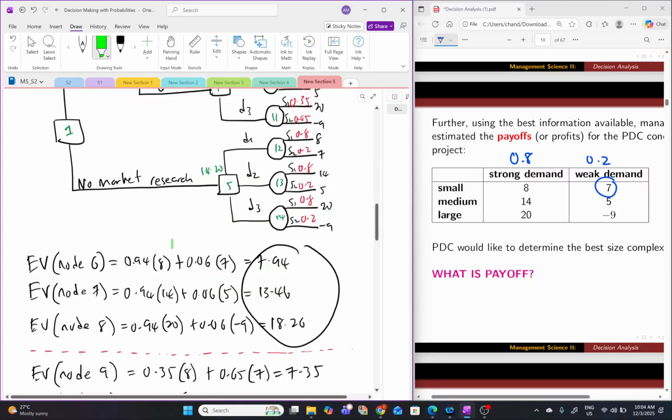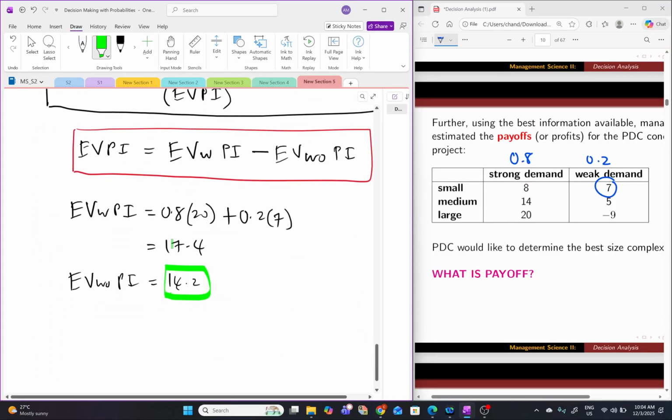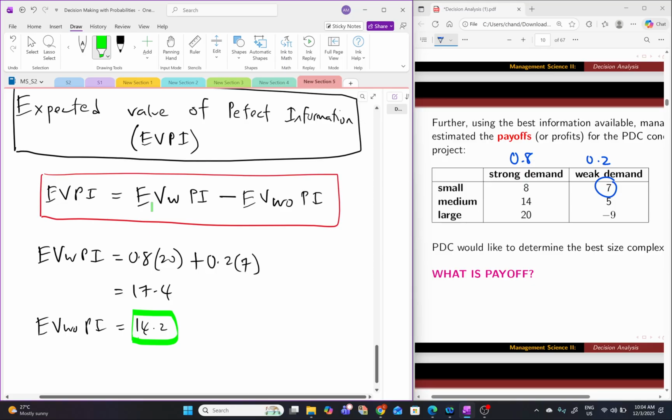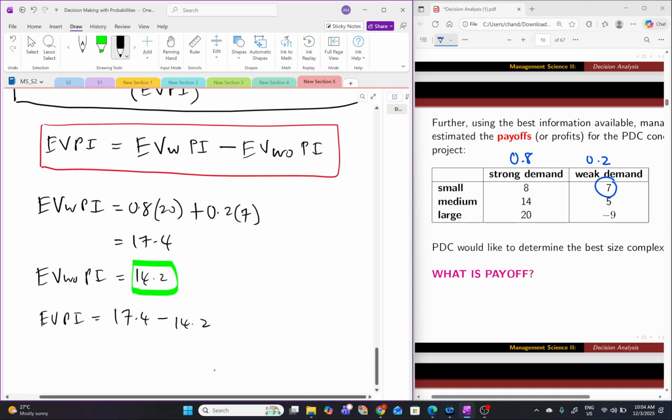Okay, now what is the expected value of perfect information? You minus, you get 3.2.